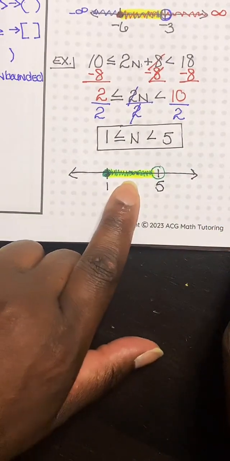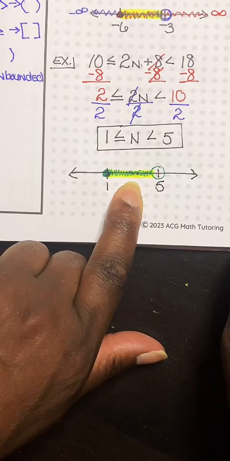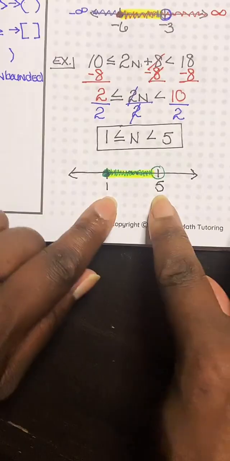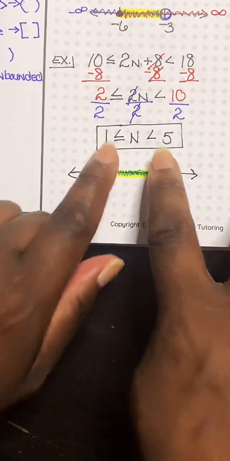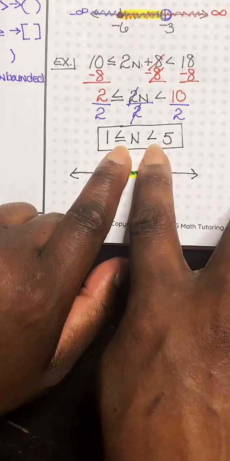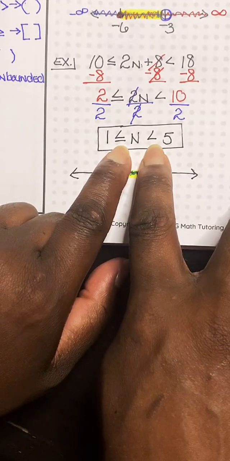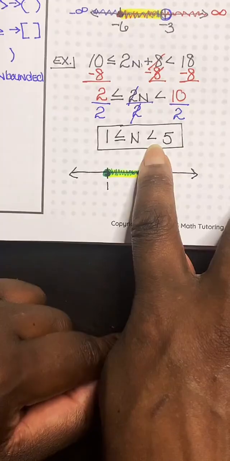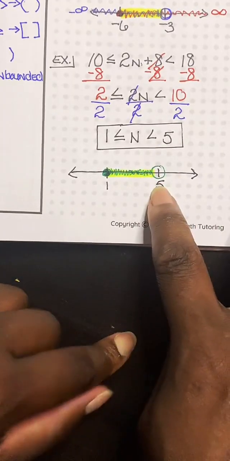That means you're looking for shading in the middle, and you're looking for these two numbers to be represented, and you're looking at if it's open or closed. Okay, if there's a line underneath, it's going to be closed. If there's no line underneath, it's going to be open.